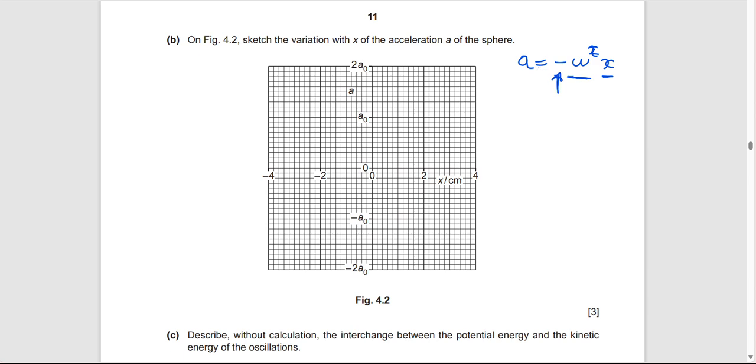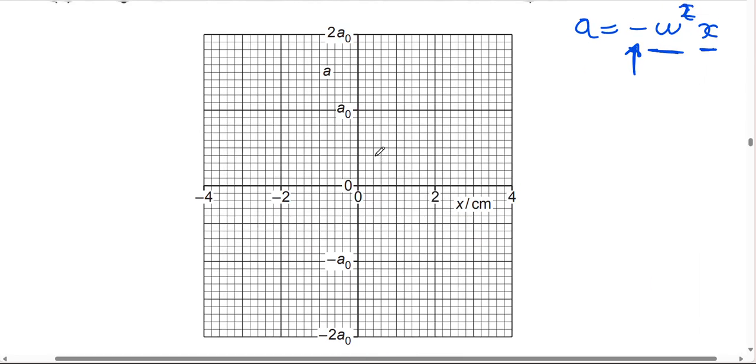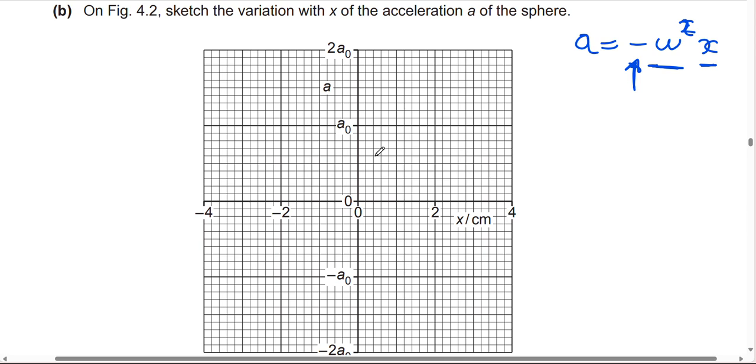All right. And then we have the maximum acceleration, a naught. Remember, maximum acceleration occurs at maximum amplitude. What is our maximum amplitude? Our maximum amplitude occurs at 3.4 centimeters. So that's right there. And 3.4 right there. Then you take it up as well.